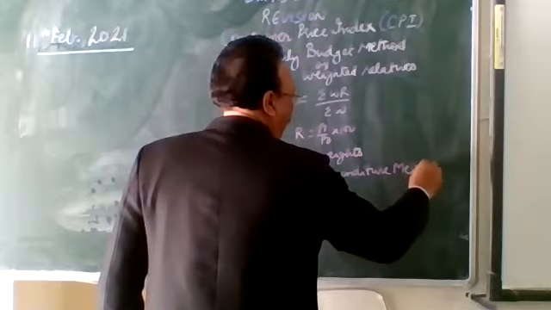The formula for this will be CPI, consumer price index, is equal to sigma WR upon sigma W, where R is equal to P1 upon P0 into 100 and W is the weights. This is for calculating family budget, which is also called weighted relatives.